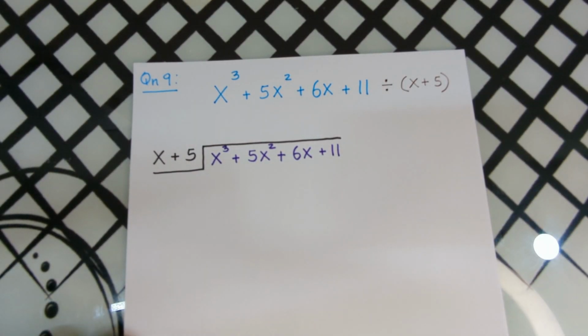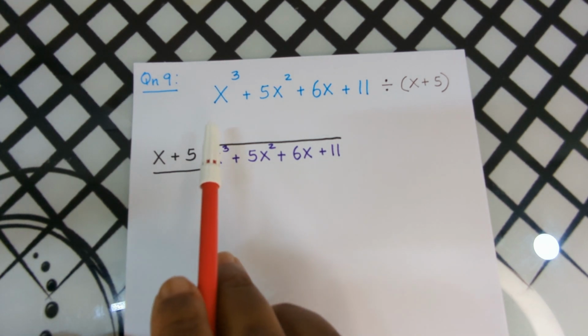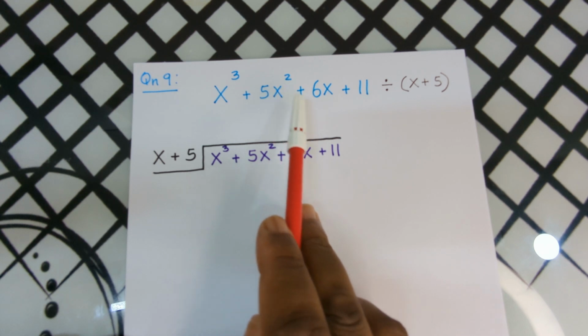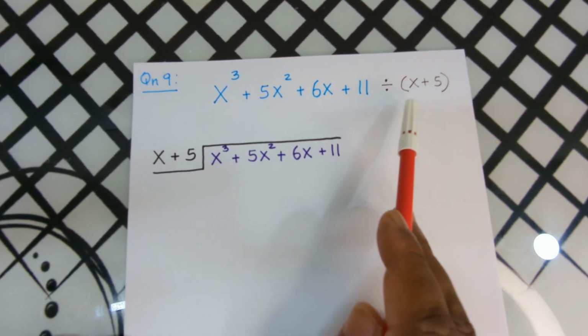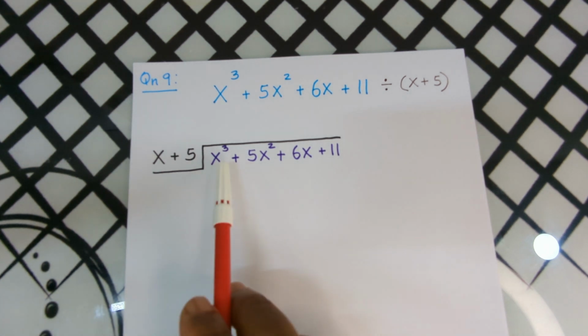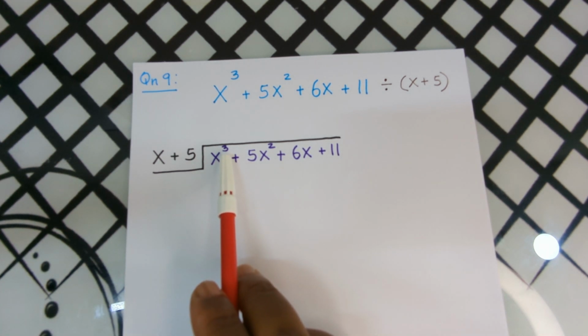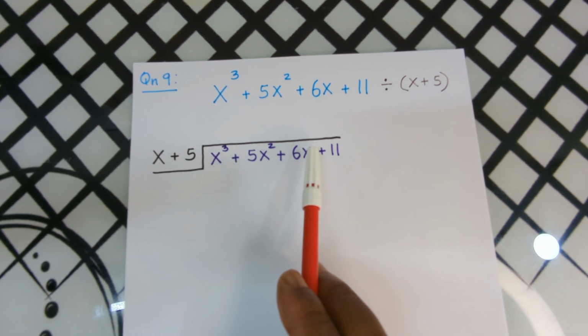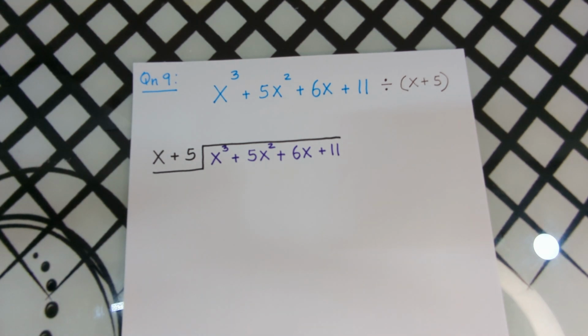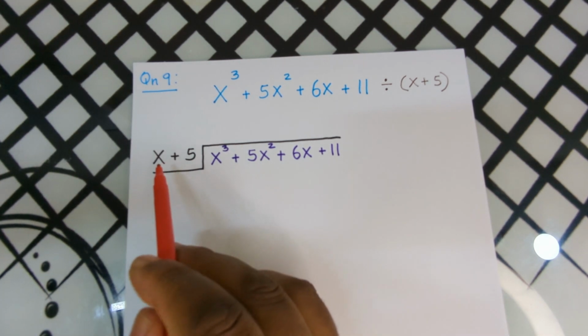Now let's move on to question number 9. In question number 9 we are given x to the power 3 plus 5x squared plus 6x plus 11 divided by x plus 5. So our exponents are starting from 3, followed by 2, followed by 1 and lastly by 0. So we can go ahead and do the division.